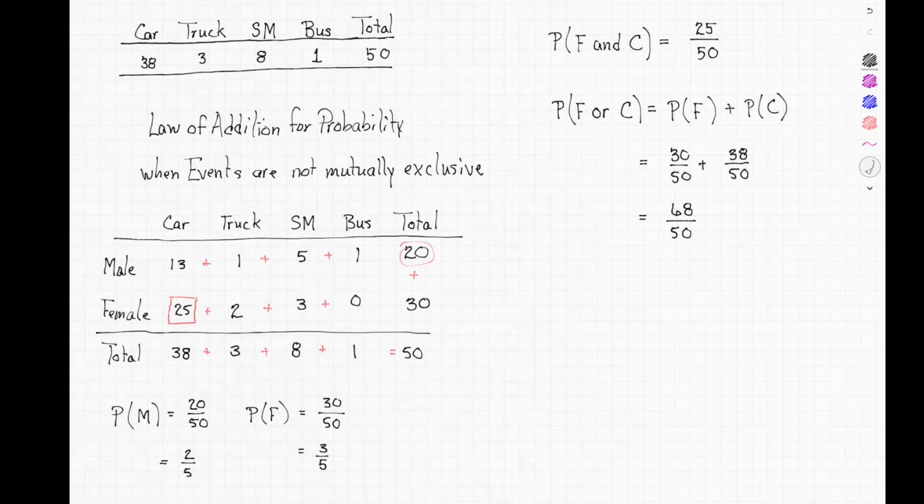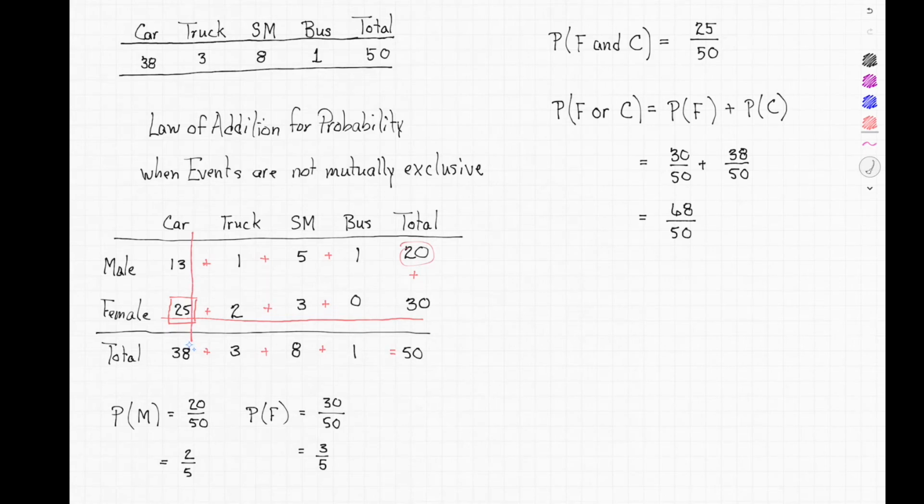What happened? Did we do something wrong? What we did is we just didn't look all the way into the problem. And I want to show you what we're missing. So I'm going to use this orange, and I'm going to just draw a line here. When I looked at the females, that meant I looked at this entire row, all the way to those 30. When I looked at the people that drove a car, I looked at this column here.